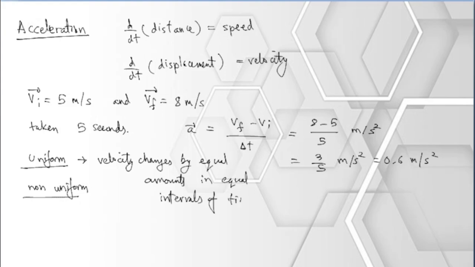In case of non-uniform or variable acceleration, the amount by which the velocity changes per unit time varies, right?